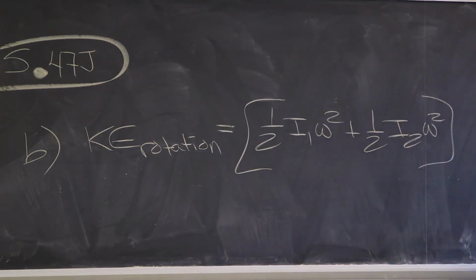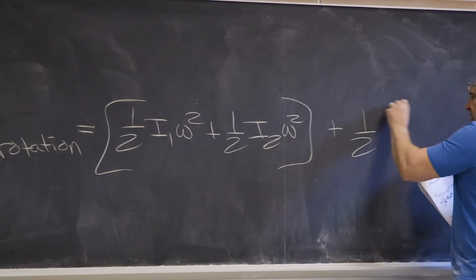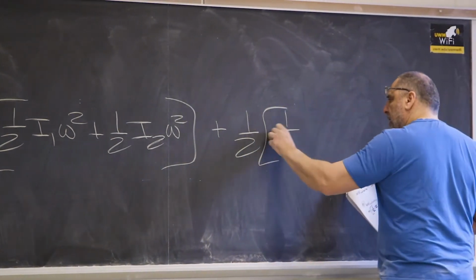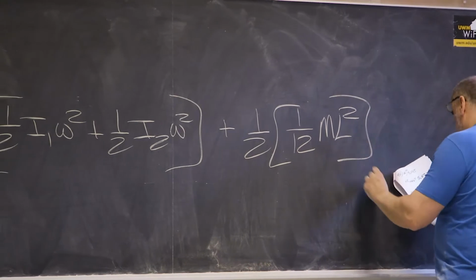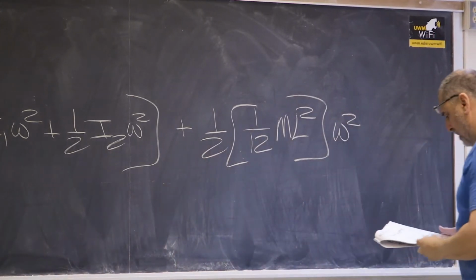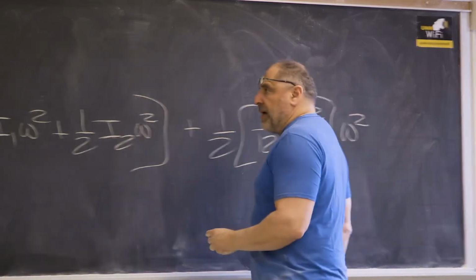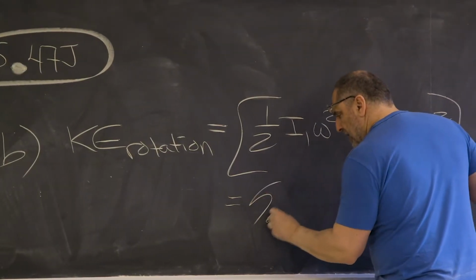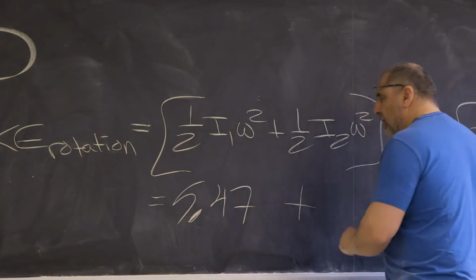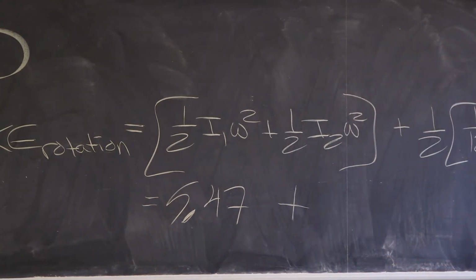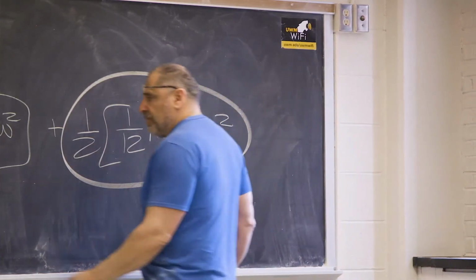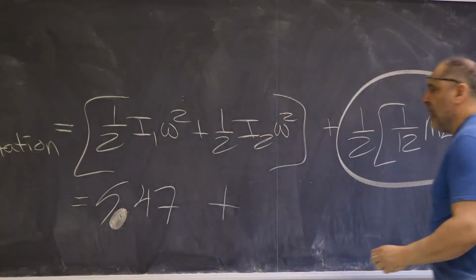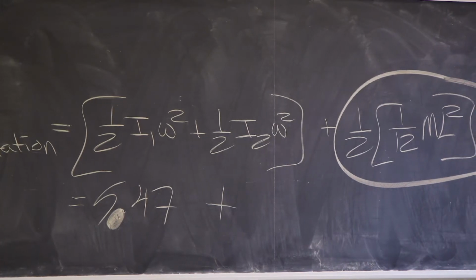You got that, plus 1/2 times the moment of inertia of the rod times omega squared. So basically what's going on here, guys, you got the 5.47 right here, they're telling us, okay, what's the rod?